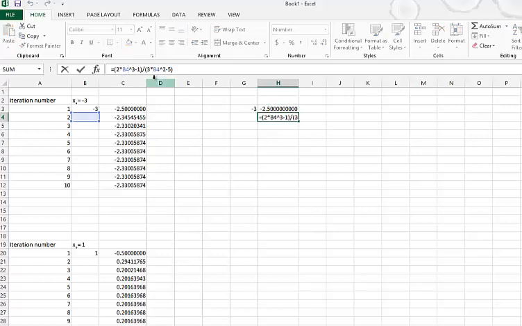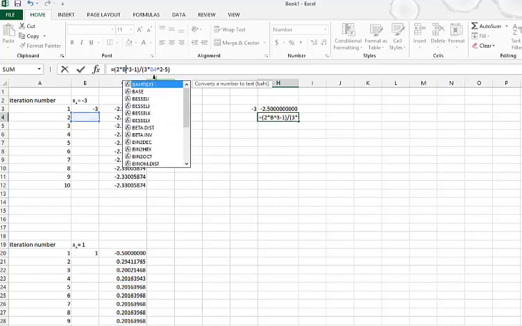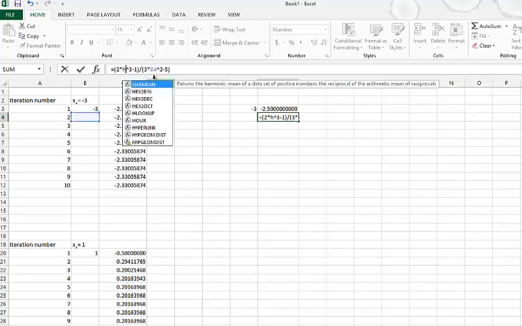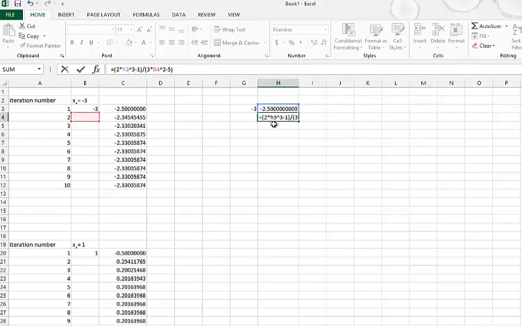I want it to use H3. Right here I want it to also use H3, and then I'm going to say enter, and you'll notice that I get the same things over here.